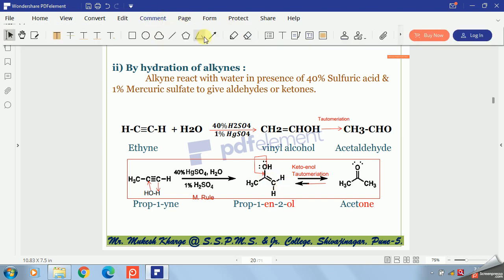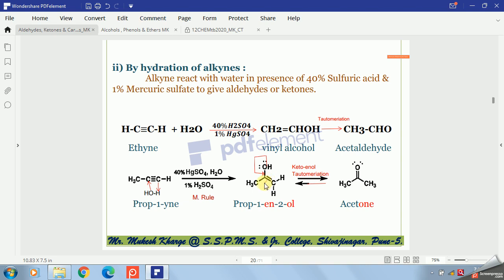So for that purpose there is again a shifting of this double bond to single, and it is like this. In this way shifting of bonds takes place, and in short this H gets shifted to this carbon.